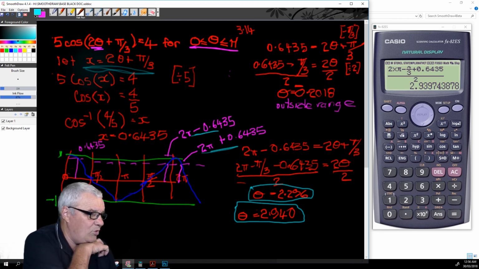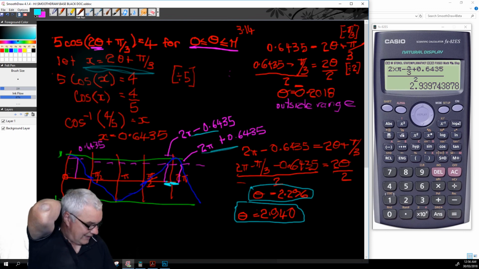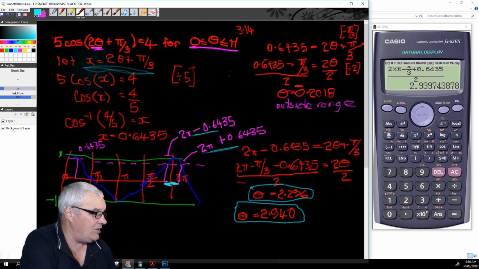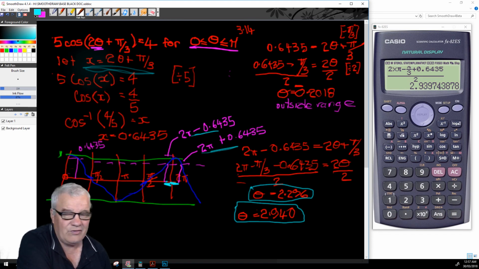So what we've got to do is look at our next solution, which is up here, and there's two of them here, and this one here is at 2 pi minus 0.6435, that's the little distance in there, and that's it there, 2 pi plus 0.6435.